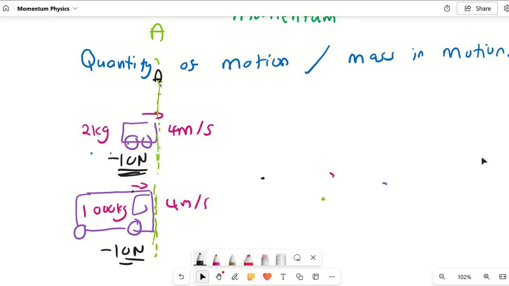Remember that they're moving at the same velocity of 4 meters per second, and at point A we apply brakes of 10 newtons, just a hypothetical number, minus 10 newtons since braking is a frictional force. My question is, which one is going to stop further? Use logic. You don't have to use calculations. Which one is going to stop later than the other?